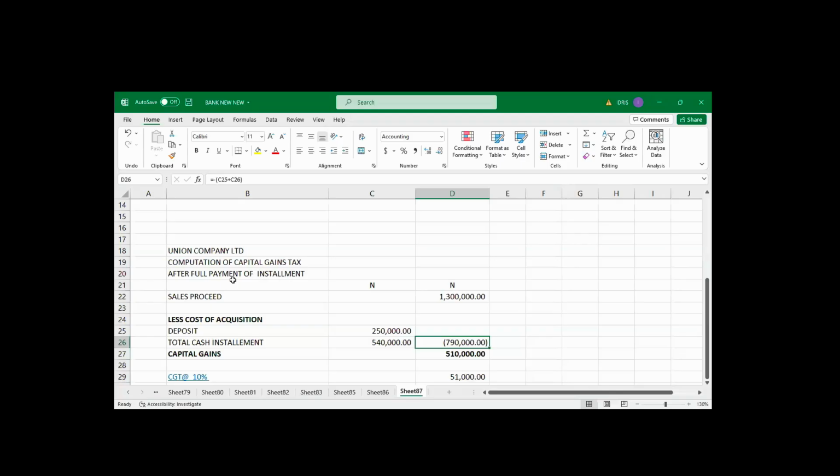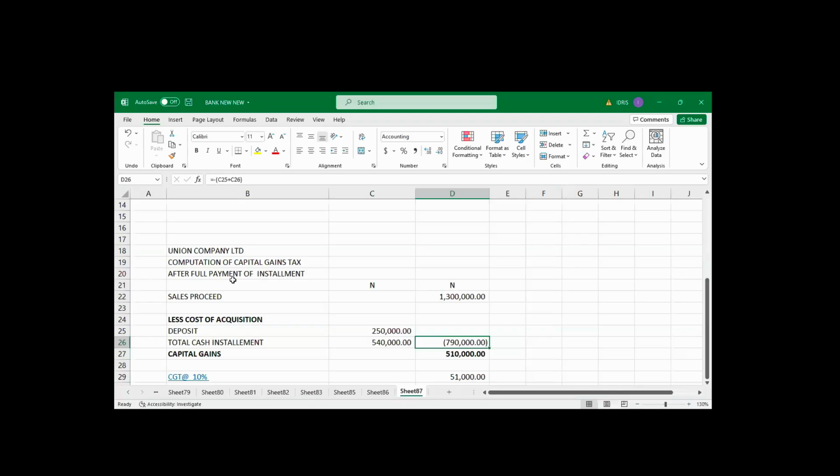Your cost of acquisition should not include the interest element, because anytime you buy an asset on hire purchase, you will not pay the actual price. You will pay both the cash price and the interest. So that is the first example.